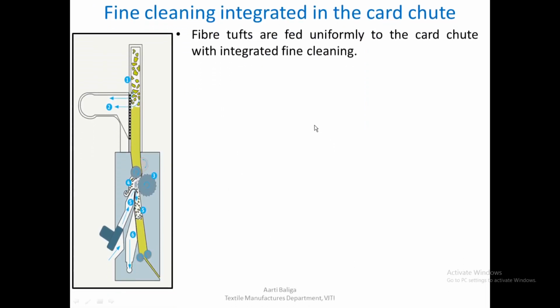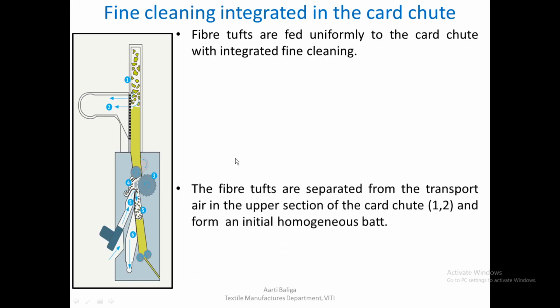So with this, there is another slight difference in this particular card chute, one can have a fine cleaning that is integrated in the card chute. So fine tufts are fed uniformly to the card chute with integrated fine cleaning. This is an additional feature which one can have in this chute feed system.